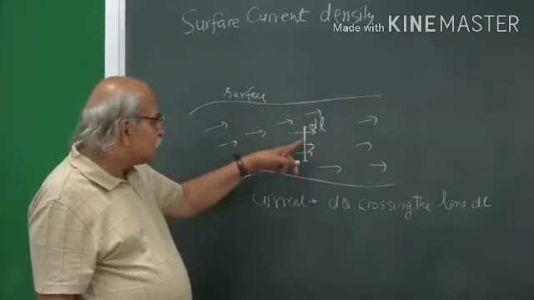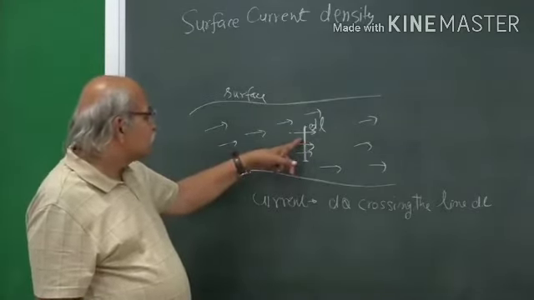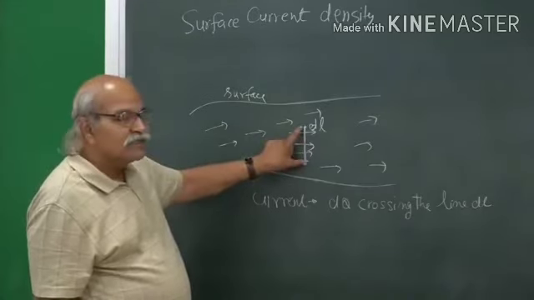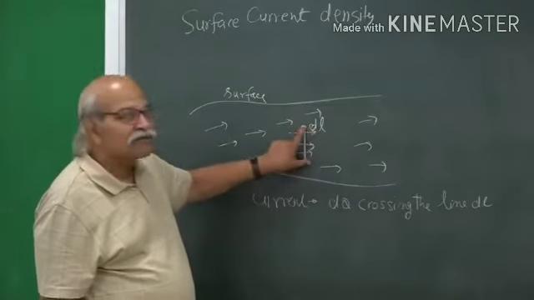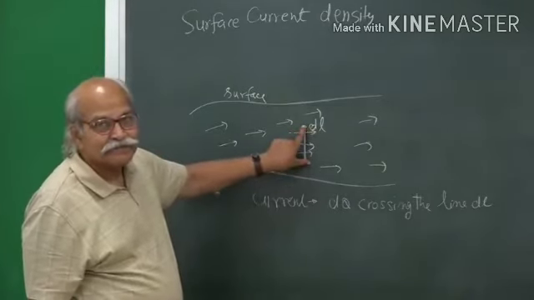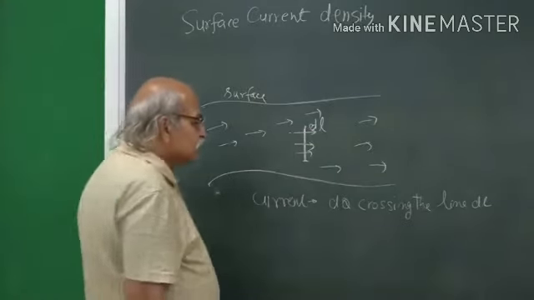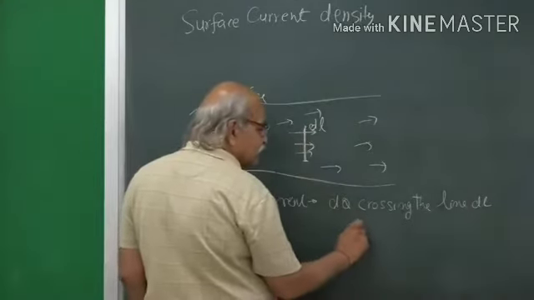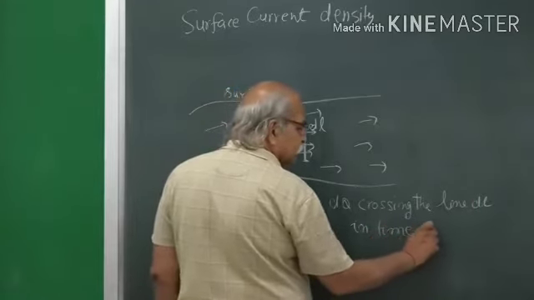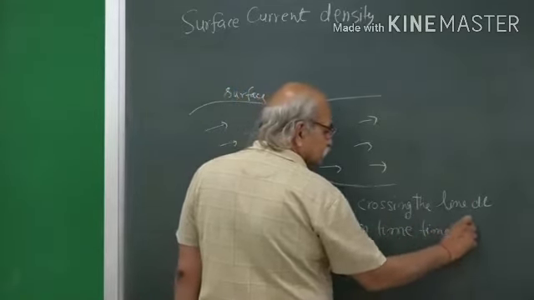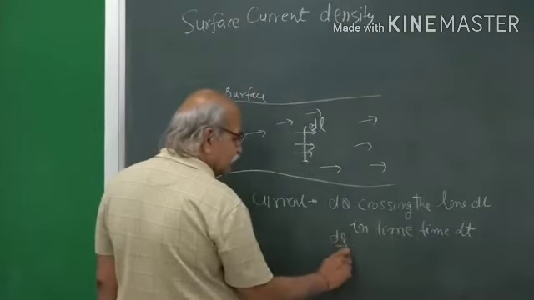So, at whichever point you want to define this surface current density, there you construct this dl, and there you see what is the direction of velocity perpendicular to that. Okay. So, how much charge is crossing, dq crossing time, that is our current, dq by dt.